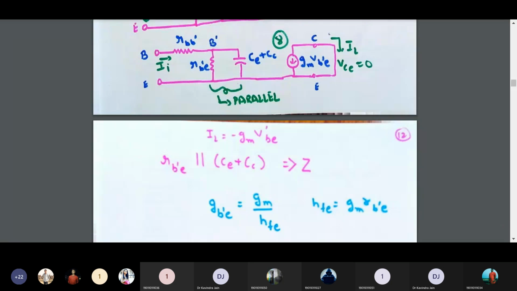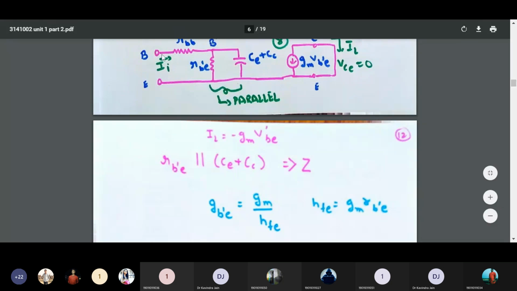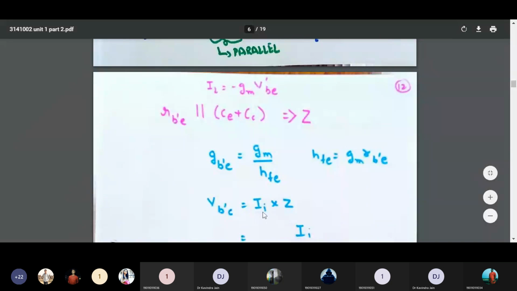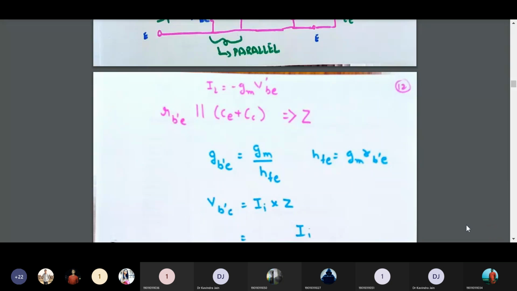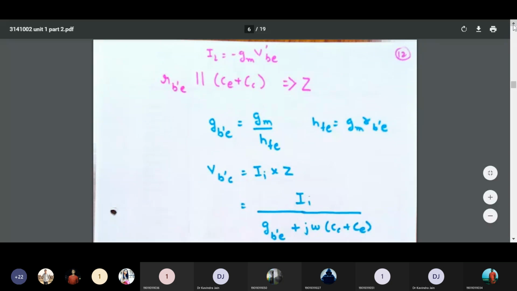VB dash E is equal to the input current II multiplied by this total impedance, which is nothing but Z. So VB dash E is equal to II into Z. Now we are going to put in all the values. You know that Z is nothing but this parallel to this. We can solve it, yes or no?